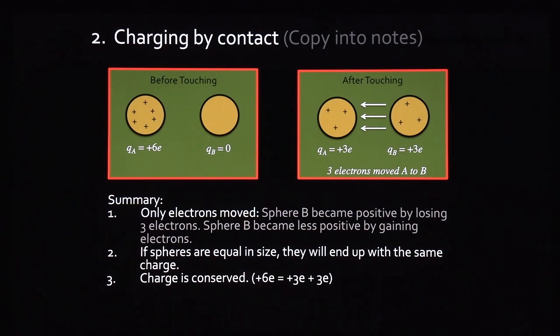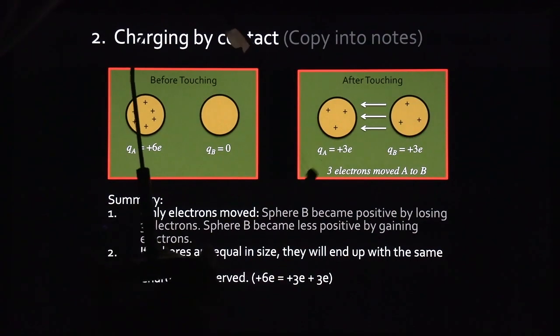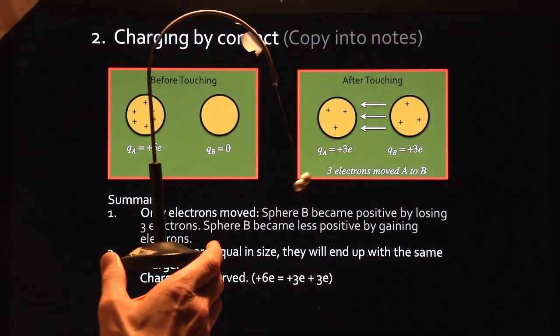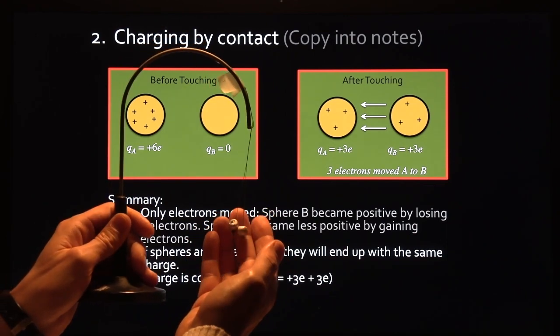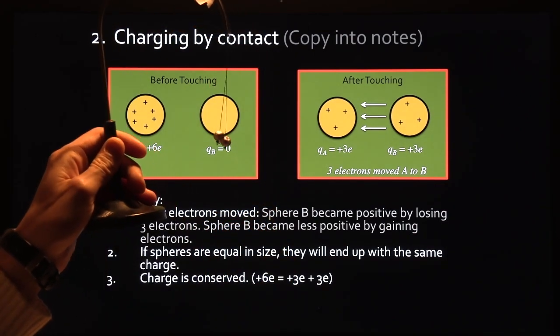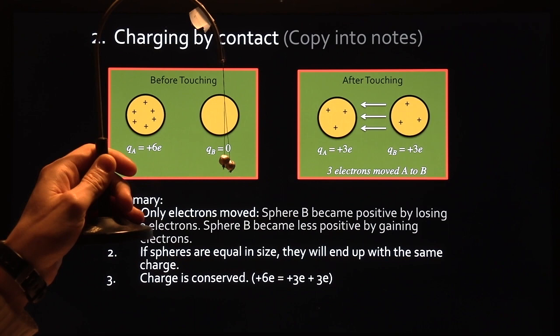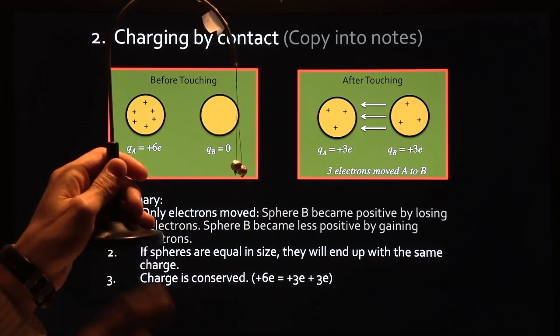All right, so the next thing I want to do is send you back in time to my previous video. But before you go, I want to mention what you're going to be looking at. So here you see a couple of styrofoam spheres. You can probably hardly see them because they're so small. They're called pith, P-I-T-H.